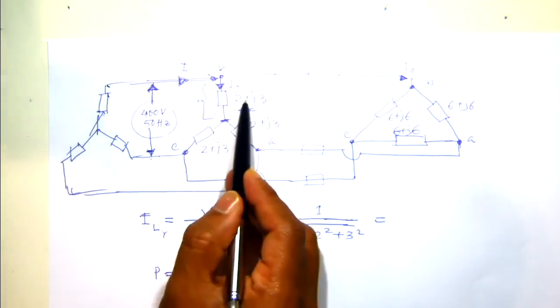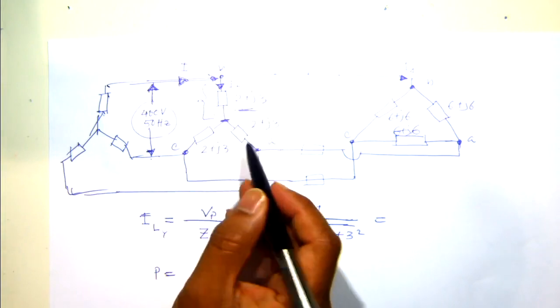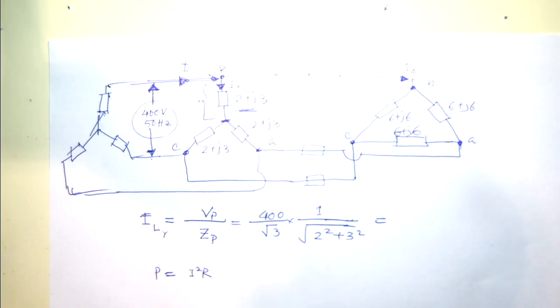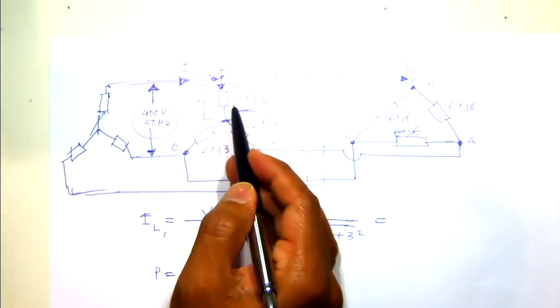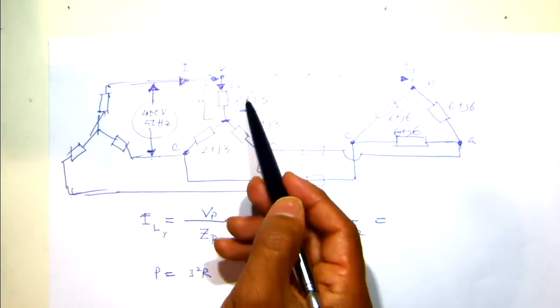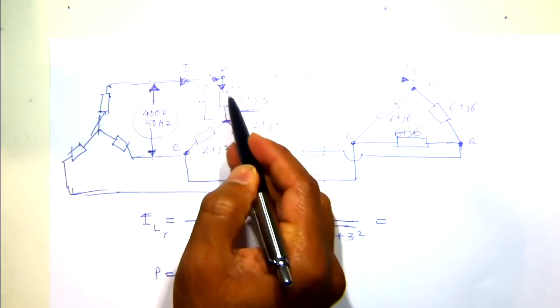In each phase, the power loss will be I squared R. Here the power loss will be I squared multiplied by this R. Because all are balanced and there are 3 phases, the total power loss here will be 3 I squared R. In this case, which I will we use?